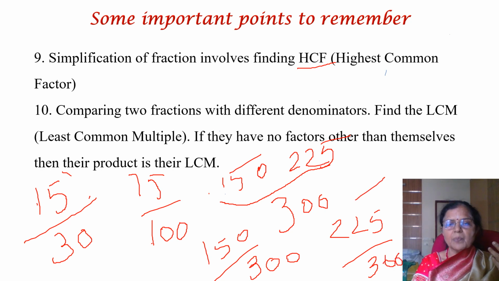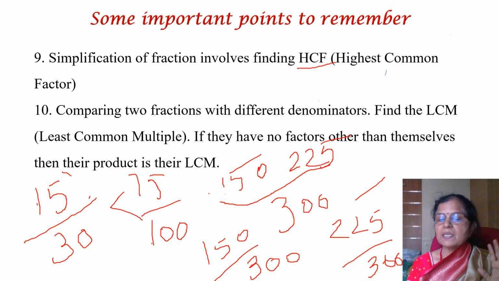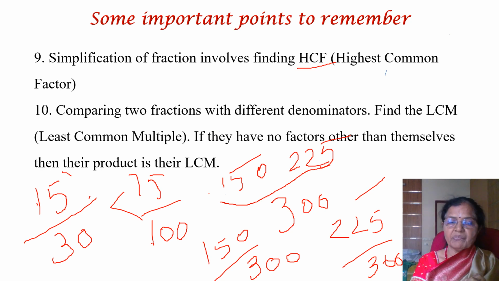So the second fraction, 75 by 100, is greater than 15 by 30. Just by looking at it, we can say 15 by 30 is half and 75 by 100 is 3/4. And 3/4 is bigger. Just because the numbers are familiar to us, we can say straight away which is greater.